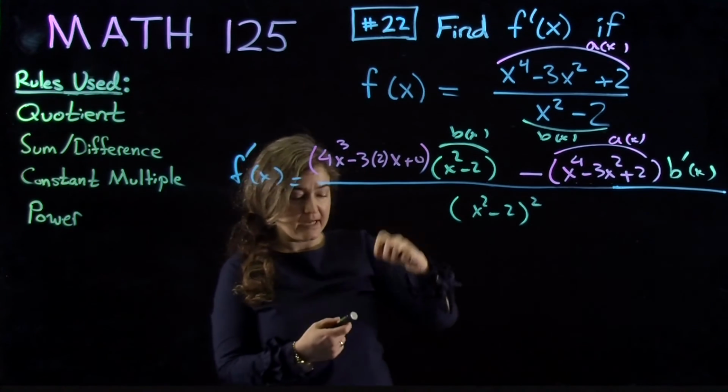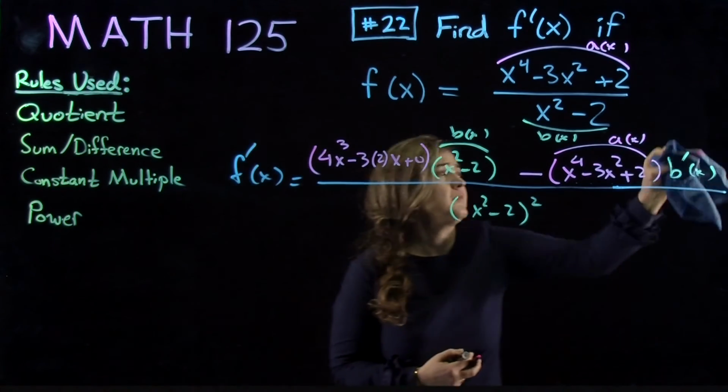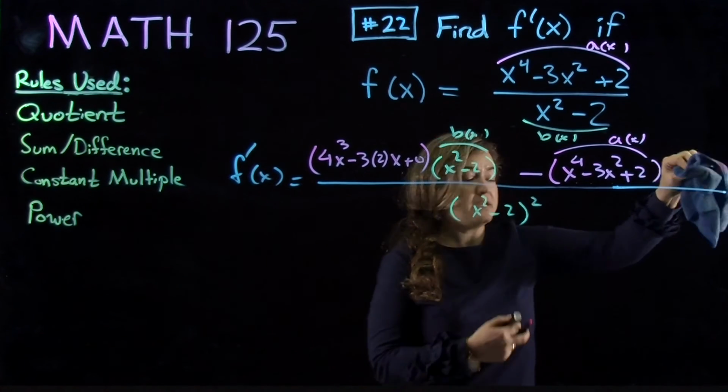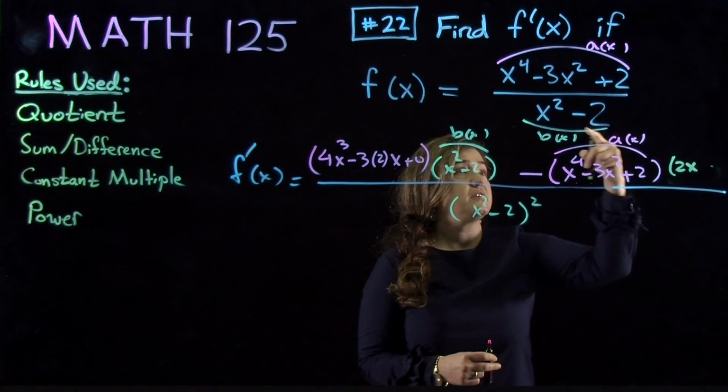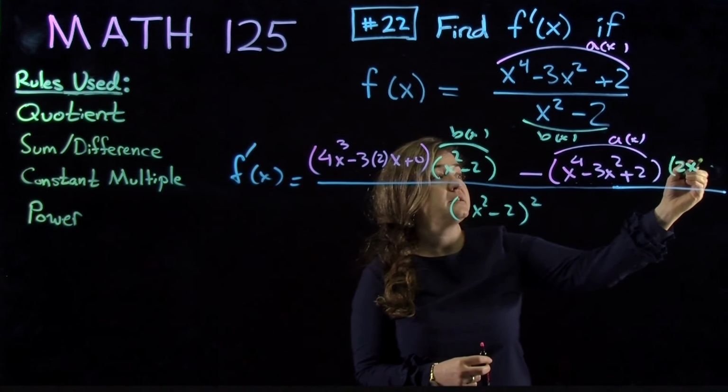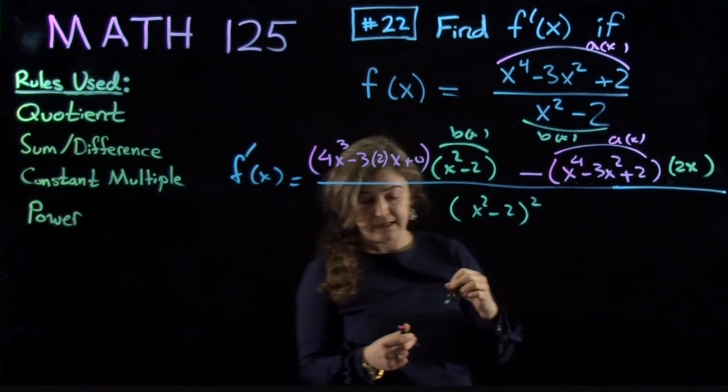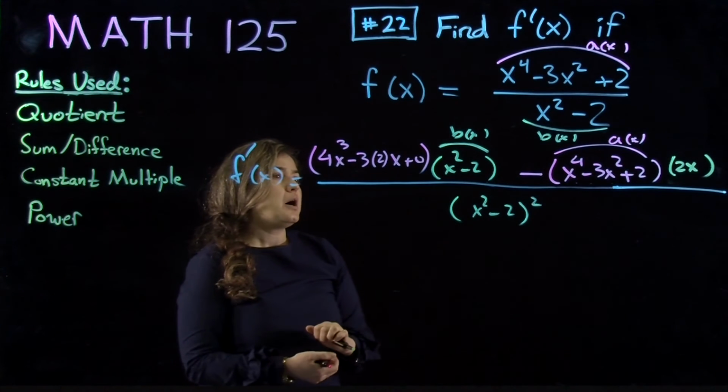I don't even have to write down the 0. Replacing the derivative of the denominator in here: 2x, and the derivative of 2, a constant, is 0.